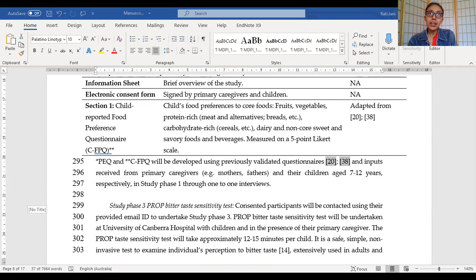And for you to get an idea, and I think I even say this later on, for you to get an idea about how many words are devoted to introduction, methods, results, discussion, look at previous papers published in this journal and take an average count. On an average, take 5 to 6 papers which are similar to your intervention style paper published in the Journal of Nutrition and Dietetics, and then take an average.